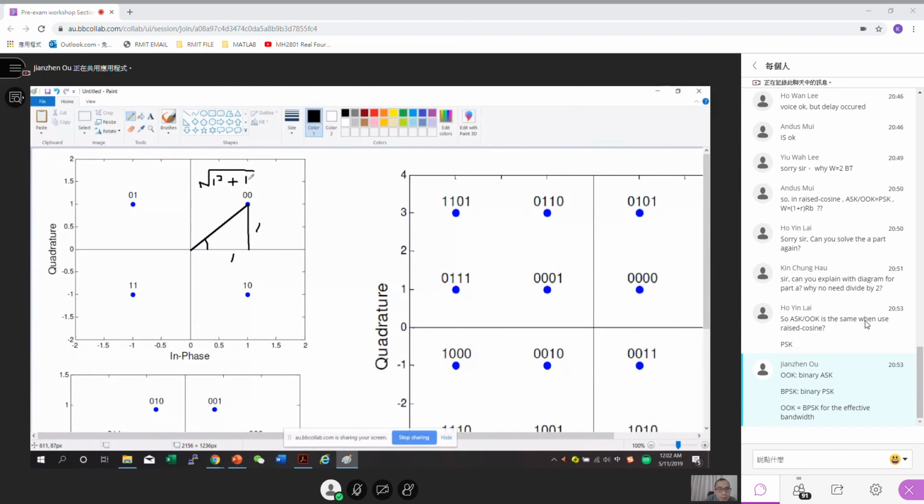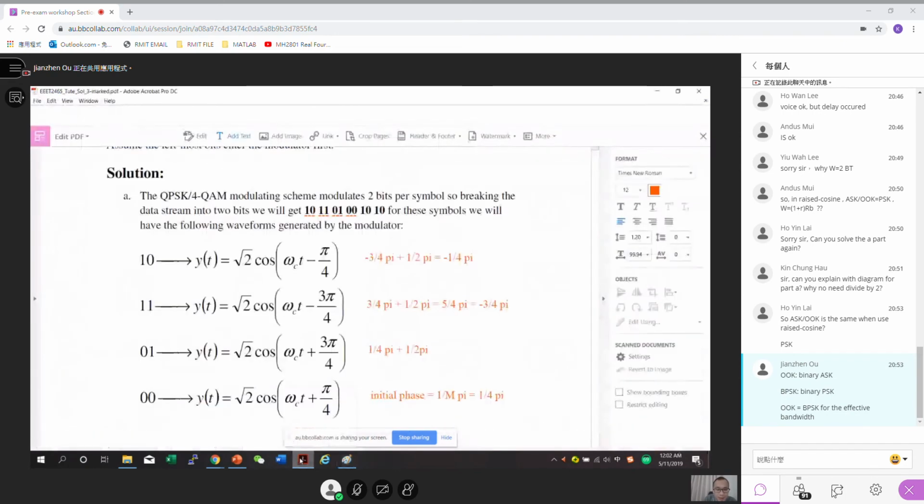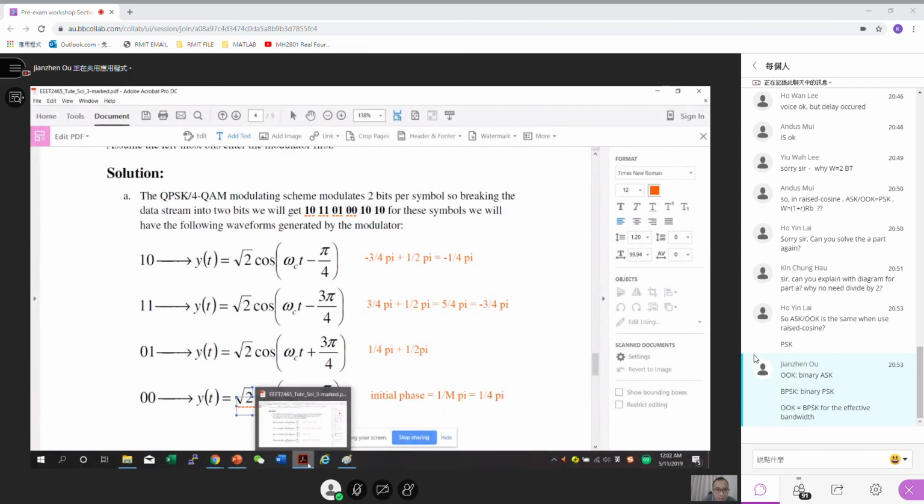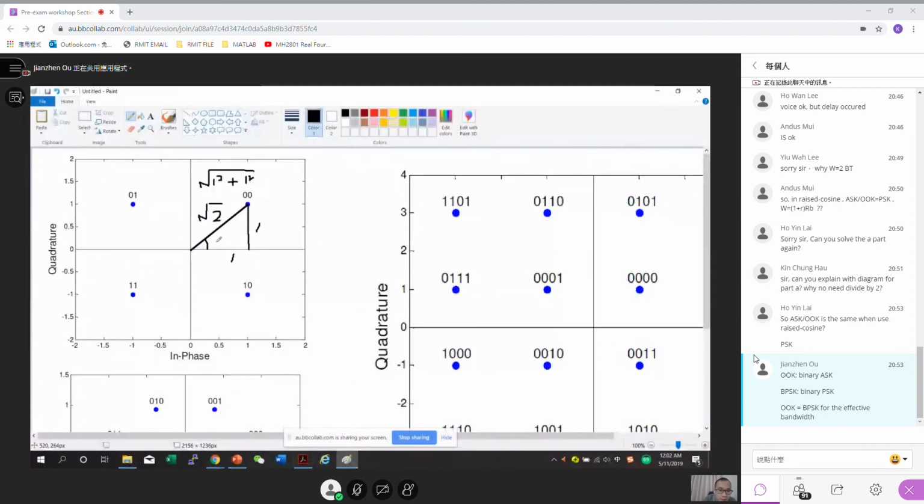So that's become 2. Yeah, so this has become square 2. So that's why you can see this is where square 2 comes from. This is the amplitude.